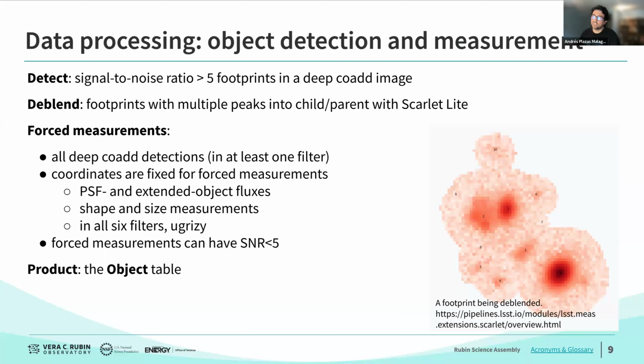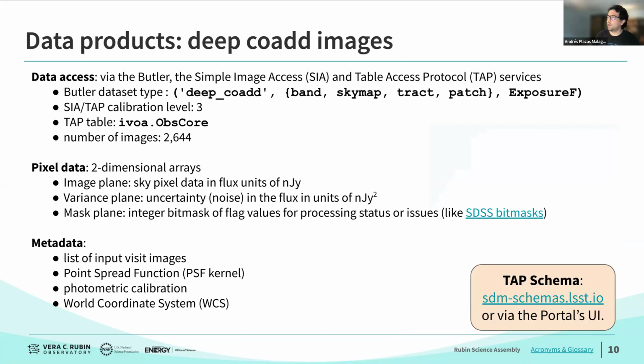Because it's forced, almost by definition, the forced measurements could have a signal to noise ratio less than 5. And then we end up with the object table. On the right, we have a picture of a blended footprint, and that is going to be split into a parent and children.